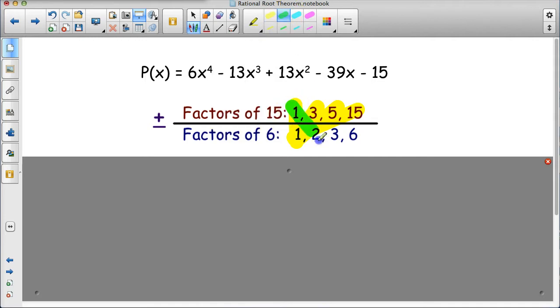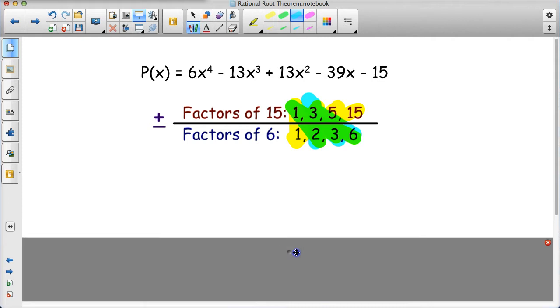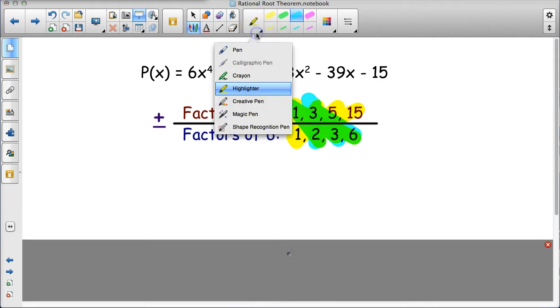We can write 1 over 2, 1 over 3, 1 over 6. Can you see this is going to get confusing, isn't it? We have 3 over 2, 3 over 3, 3 over 6. Do you see what I'm saying? Confusing, right? Well, let's go on. Let's write these out. Highlighting them makes it look more confusing.